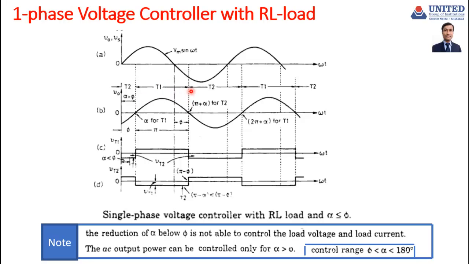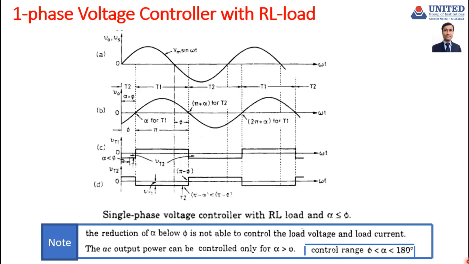From pi plus phi to 2 pi plus phi, T2 conducts, and so on. When T2 conducts, T1 is reverse biased by the voltage drop in T2. Similarly, when T1 conducts, T2 is reverse biased by the voltage drop in T1.